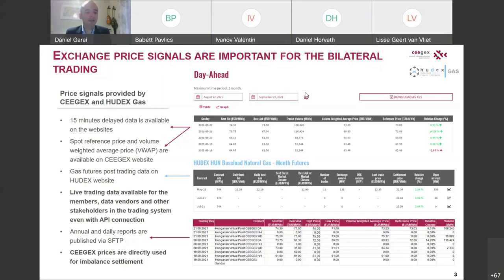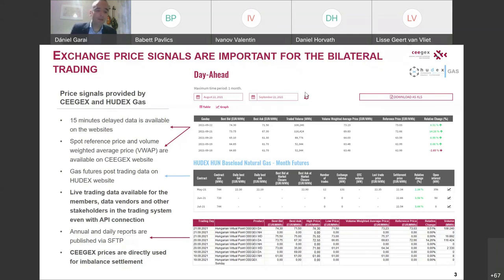Annual and daily reports are published via SFTP, and can be accessed by anyone who is part of the data vendor package. It makes it easy to browse historical and actual prices as well.